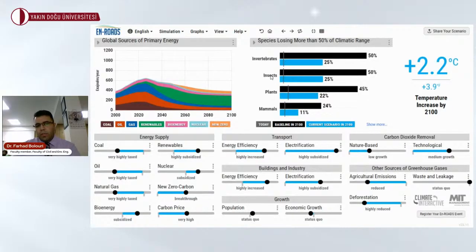As you see, in insects, in plants, and mammals, and in all of them, we have these dangers. Like 50% of them will be gone if we don't do anything. But with these policies, for example, as you see in the blue color, we bring all of them at least to half, and it is a good strategy for us.